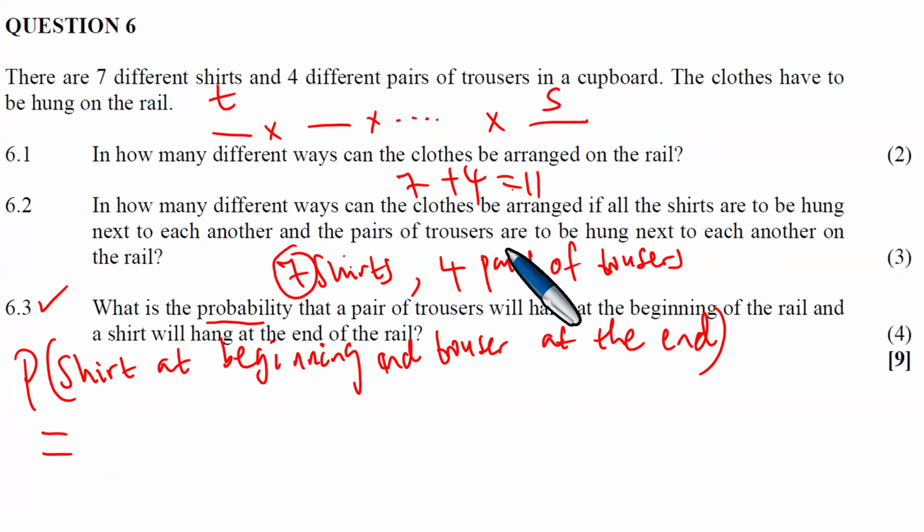So now it means that out of the 11, we say 11 minus 2. What is 11 minus 2? It's exactly 9. We're going to deal with 9 objects to organize. We're going to have 9 choices. The rest of the things, we shall put them in the middle.